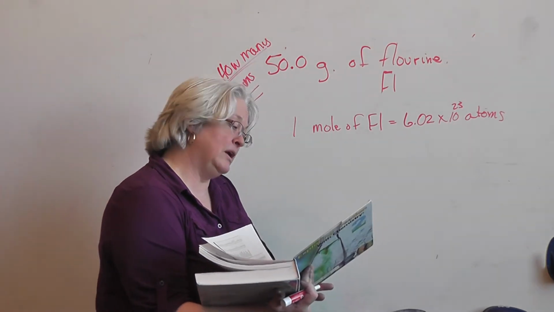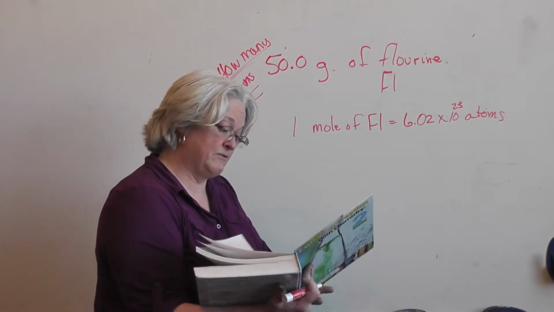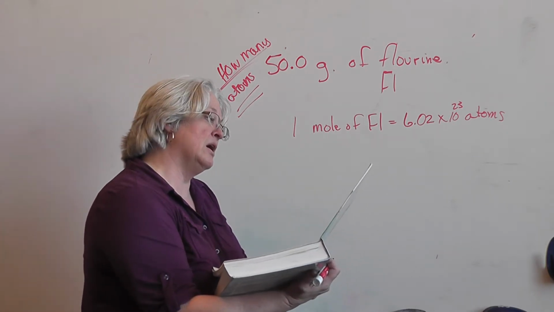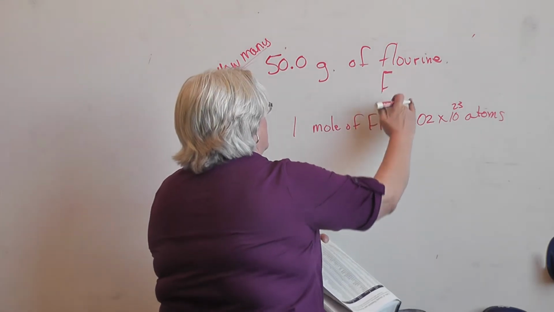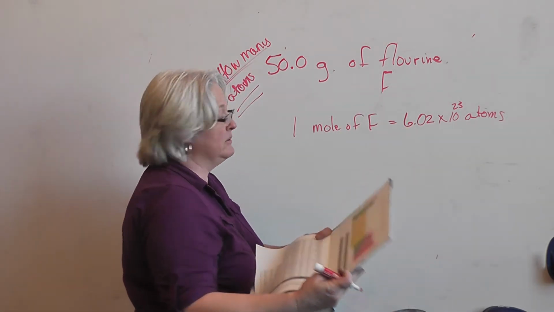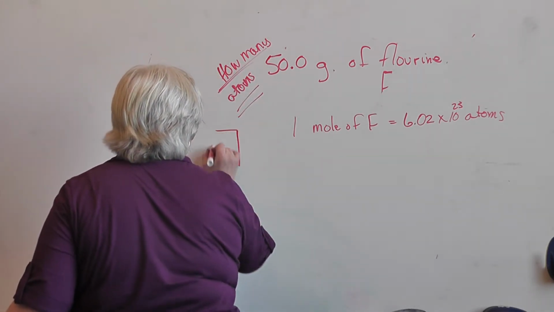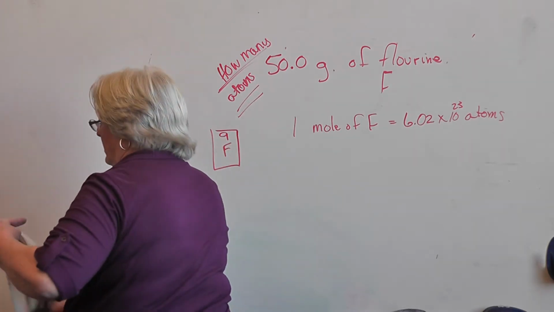You're going to go to fluorine, see how quickly I can find it, which of course I'm not finding fast now when I want to. Fluorine is element number 9. It's not FL, it's just F. The atomic number is 9 for fluorine.